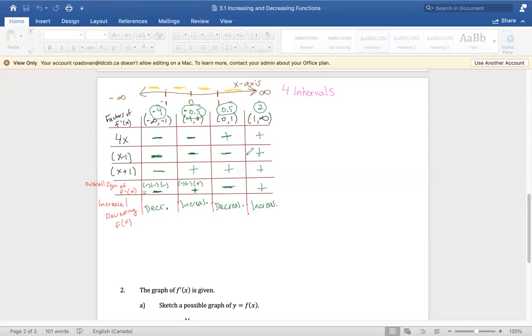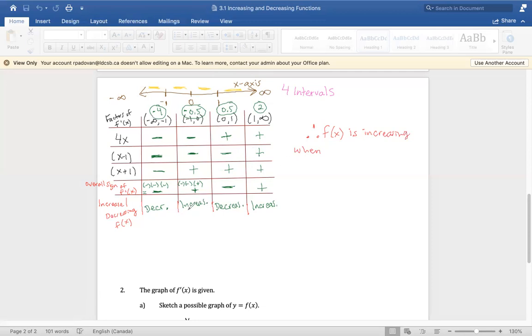And now my conclusion. Find the intervals where it increases and decreases. So therefore, the function is increasing when, I'll show you two different ways to write it out, right?